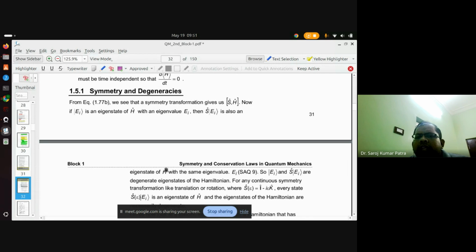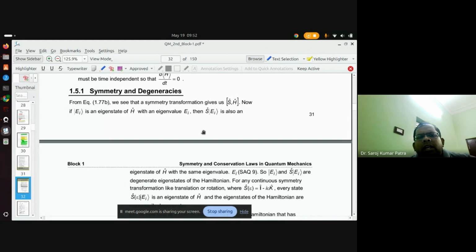मतलब क्या है? इसका मतलब कि अगर हैमिल्टोनियन का एक आइगेनस्टेट है EI और हम एक सिमेट्री ऑपरेशन S ले रहे हैं, तो SEI भी एक आइगेनस्टेट होगा. मान लो हम कोई भी ट्रांसलेशन या रोटेशन सिमेट्री ऑपरेशन कर रहे हैं, तो जो भी ऑपरेटर हम यूज कर रहे हैं उसको अगर हम उस आइगन स्टेट के ऊपर ऑपरेट करेंगे, जो नया स्टेट हमको मिलेगा, that new state will also be an eigenstate. So using that concept, we will have many eigenstates which will satisfy that same condition, right?